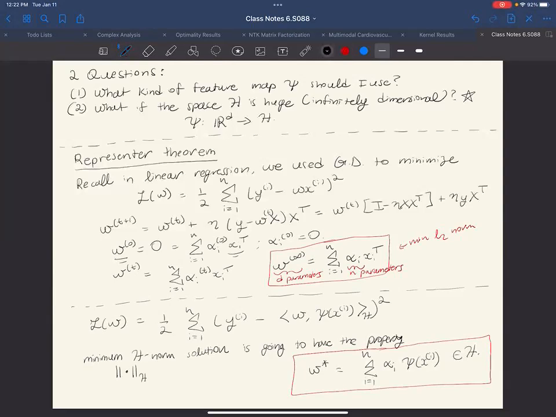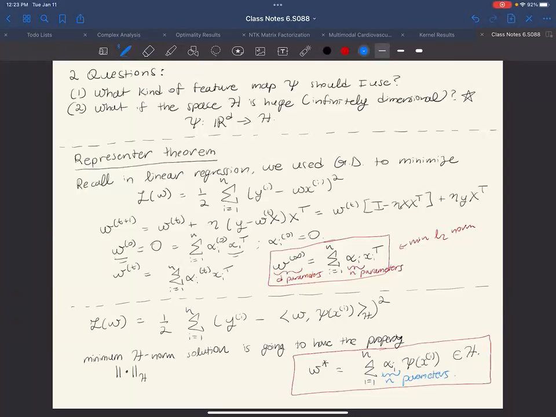Okay, but this is the key idea of kernel regression. And again, I want to emphasize that while W is an element of the space H, W can have infinitely many parameters. This is just some element in an enormous vector space. But now we have found a way to parameterize it by n parameters.